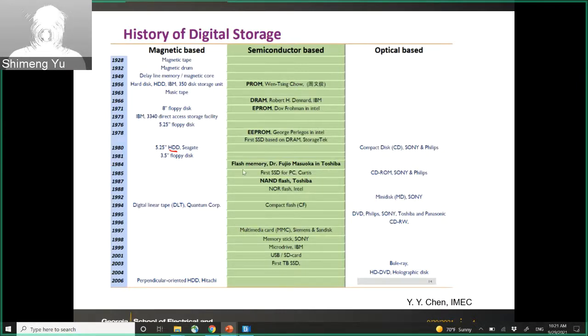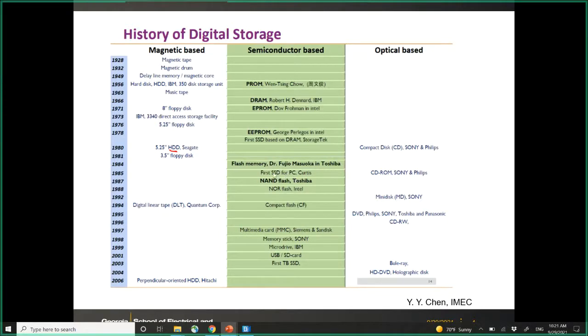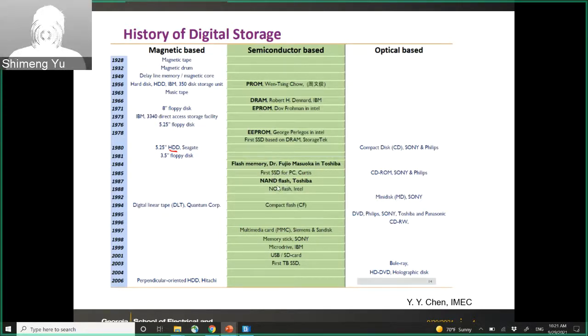And then in the 1980s, the flash memory concept was invented by Toshiba. And then we have the NOR flash and NAND flash. After that, we have flash-based solutions like your USB, your SD card, and your SSD, solid-state drive. So basically, that's the history.